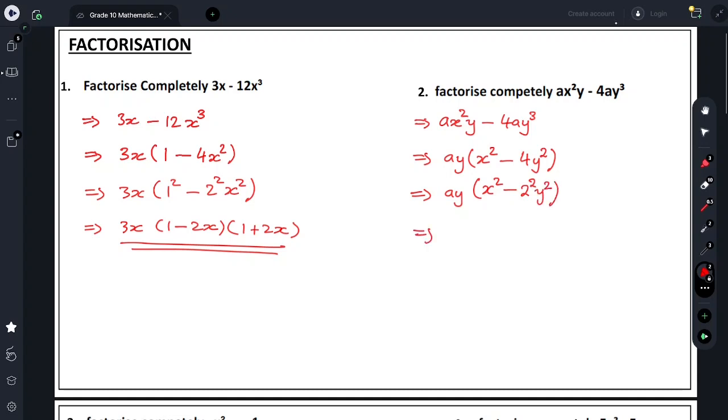Then you write ay, and factorize it further as x minus 2y, you close, then again open, x plus 2y, like that. So that will be the end of this. So we can continue.